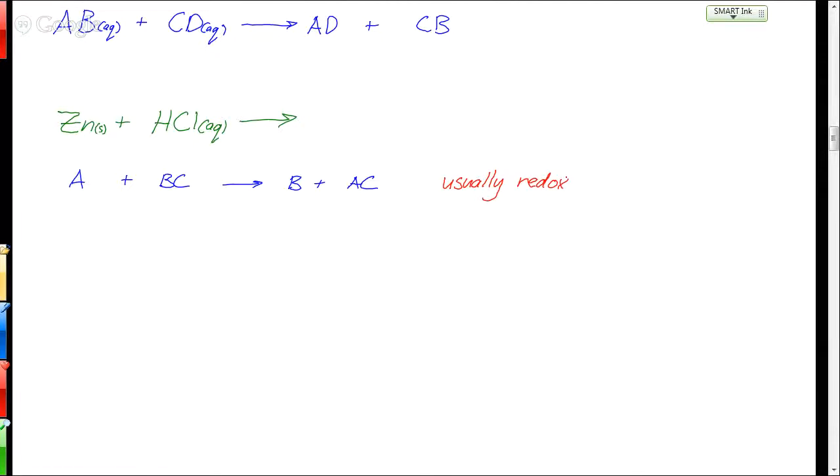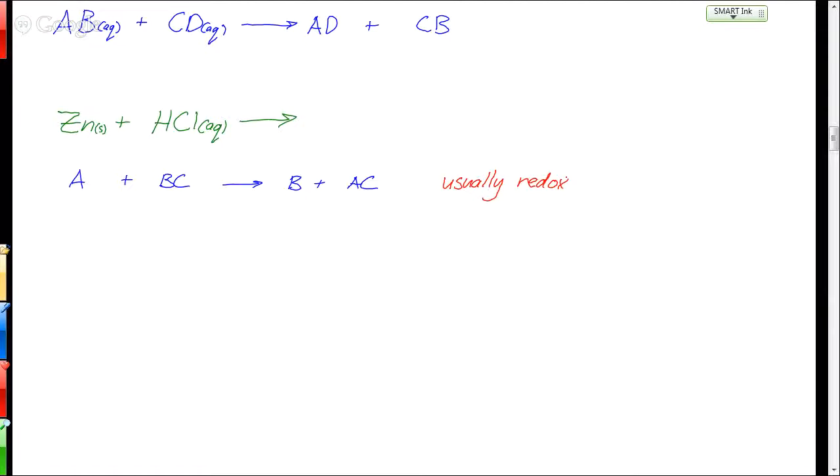Like if we've got zinc metal reacting with hydrochloric acid, aqueous HCl, if that zinc is going to then react with things, it's going to have to not be a neutral element anymore. It's going to have to lose some electrons, do something a little bit different.